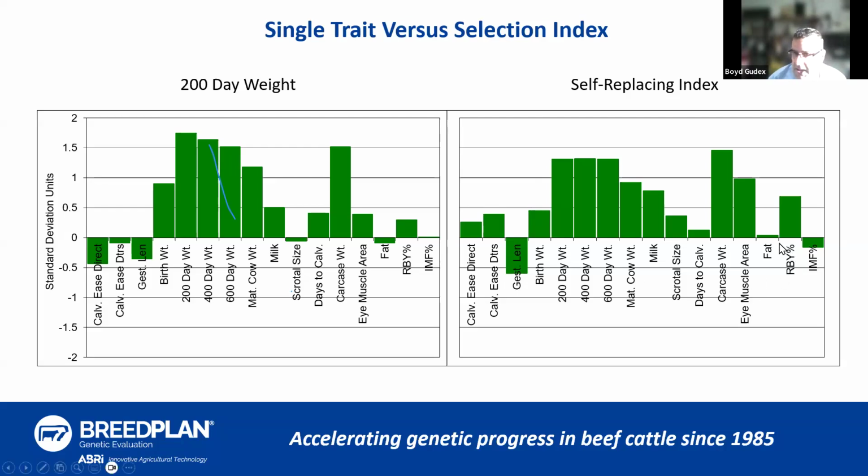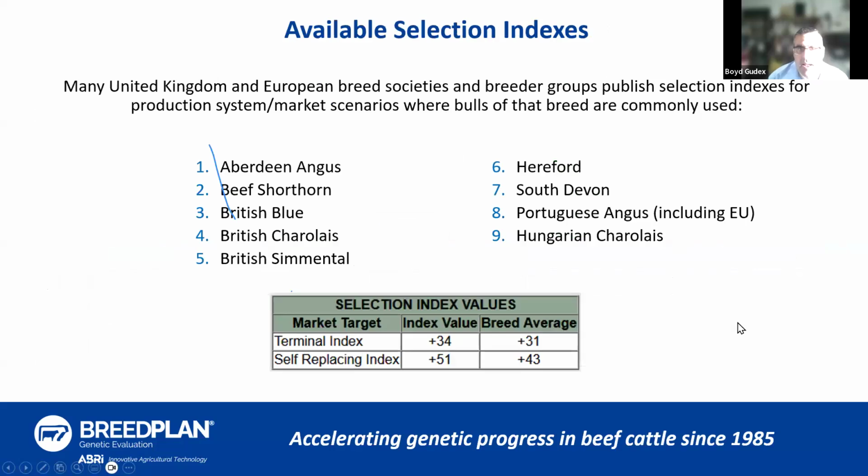And there's a slight gain in fat, which may not be important to the steer carcasses you sell depending on your production system, and may have a correlation with your heifers and how well they breed early. And yes, we do have a number of available selection indexes for a number of UK and European breed societies.